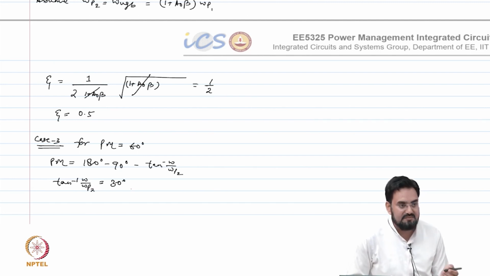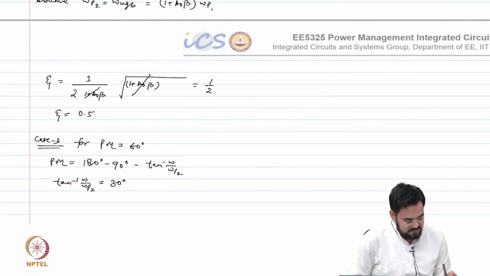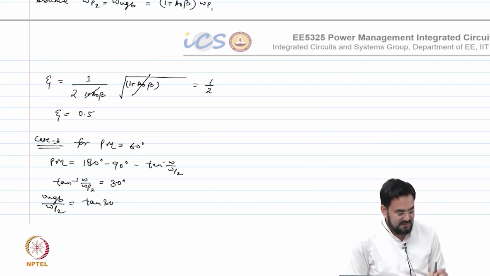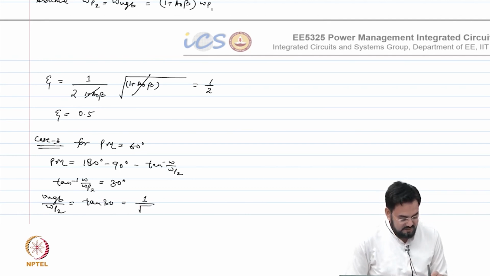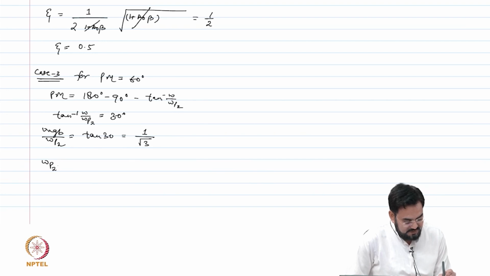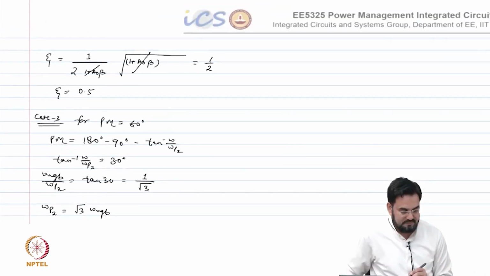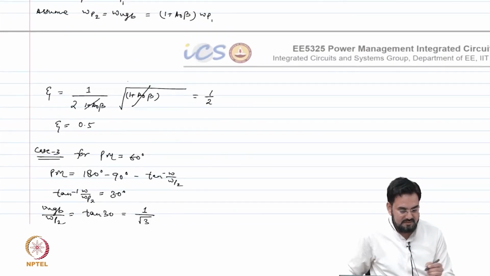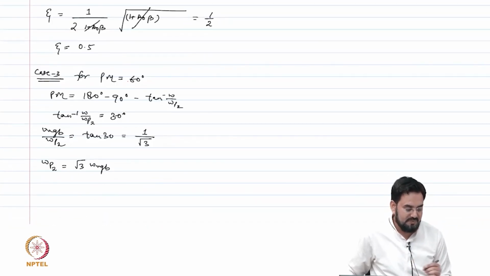And what is omega? Omega is nothing but omega UGB. So omega UGB over omega p2 equal to tan 30. How much is tan 30? 1 by root 3. Okay. Which means omega p2 is now from here you can find the ratio omega p2 over omega p1.